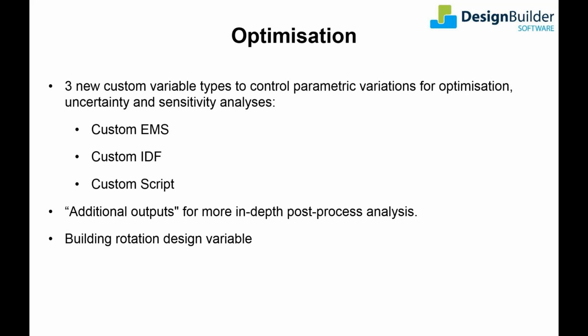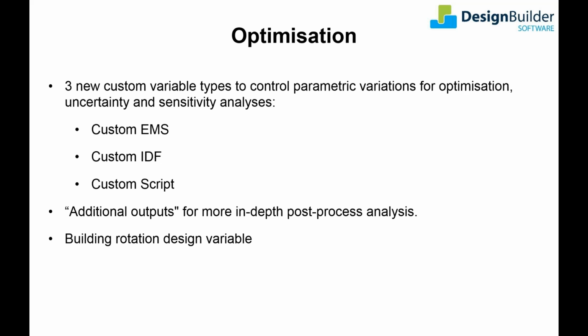Okay, moving on now to the latest features for optimization. There are 3 powerful new types of custom variable that have been added to V6 that allow you to take far greater control of the parametric variations applied to the model as part of optimization, uncertainty, and sensitivity analyses.